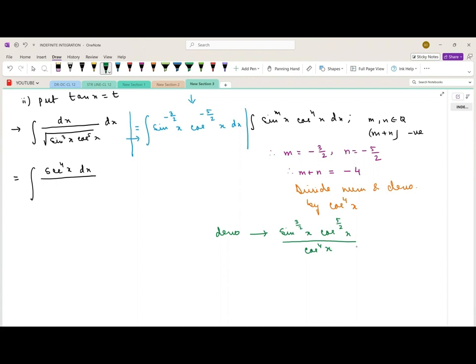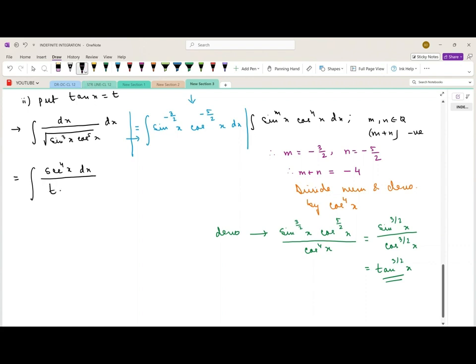Now if you simplify this, then this becomes sine to the power 3 by 2 x over cos to the power 3 by 2 x, simply applying laws of indices. That means it becomes tan to the power 3 by 2 x, which is what we are going to directly write here.